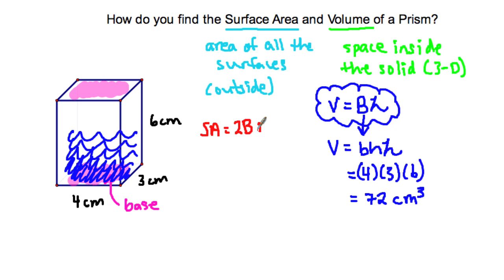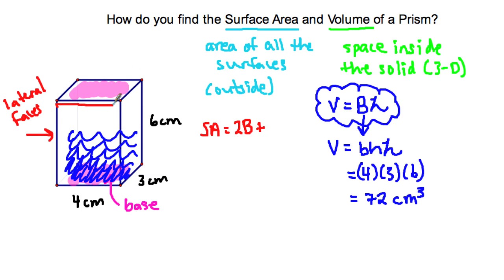And then we have these four sides that wrap around the outside of the shape, and these are called the lateral faces. And really, how we can find the area of all of the lateral faces together is to think about the fact that these have to wrap around the base.